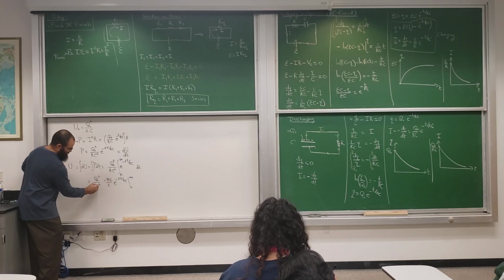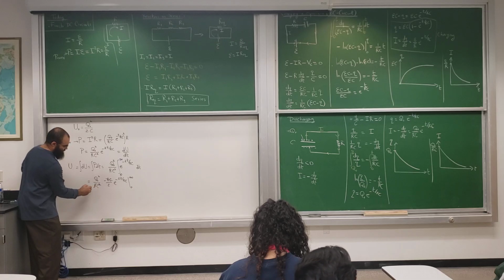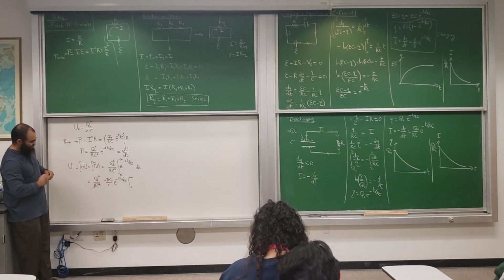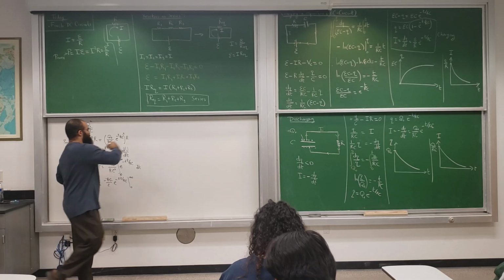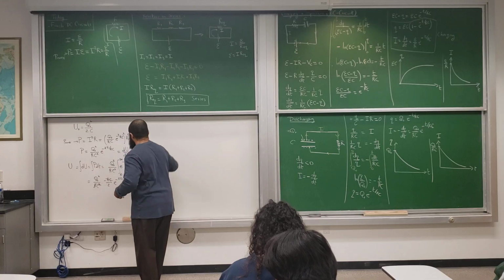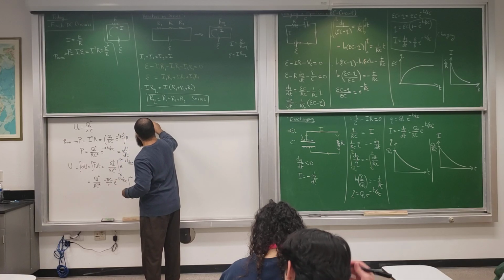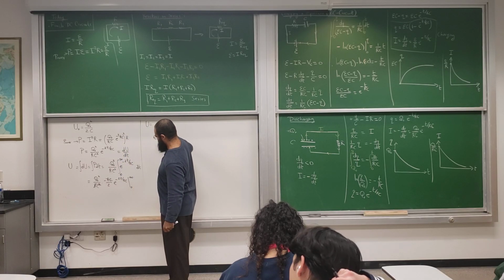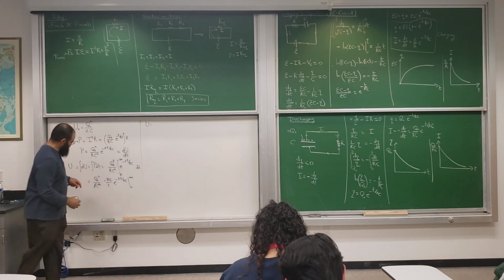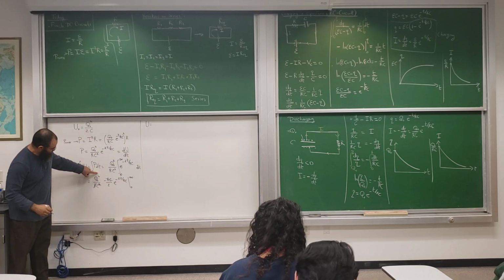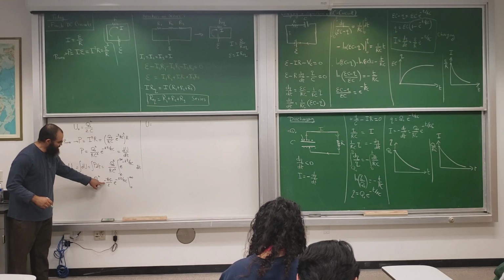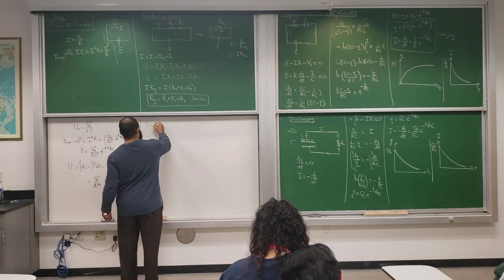One of these C's cancels, and this R cancels. So I get Q naught squared over 2C, and there is a minus sign.